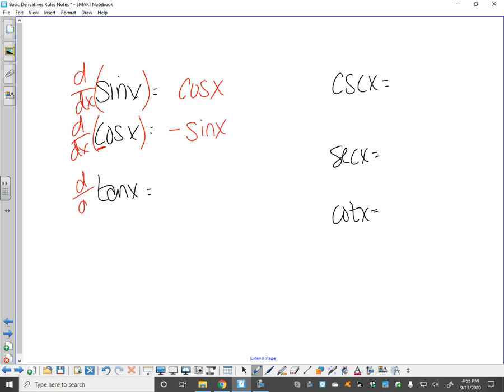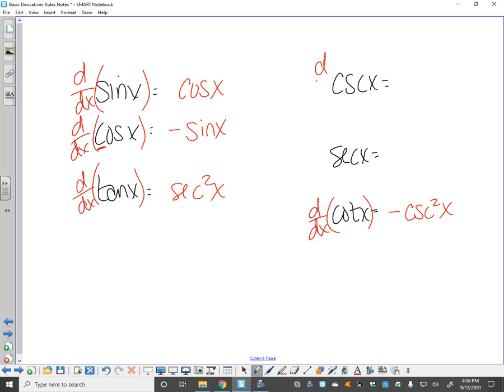The derivative of tangent is secant squared x. The derivative of cotangent, starts with a C, is negative cosecant squared x. Those two are both squared. Cosecant and secant don't feel like they get any love. They put themselves in their derivatives and they use their Pythagorean buddy.